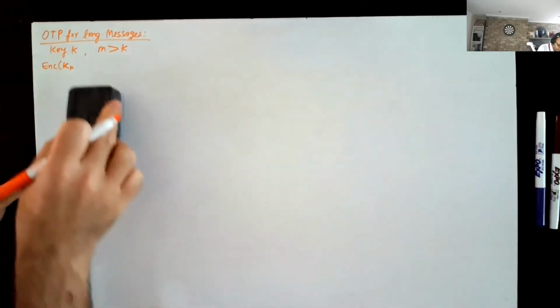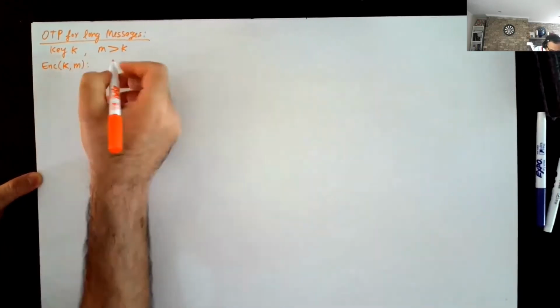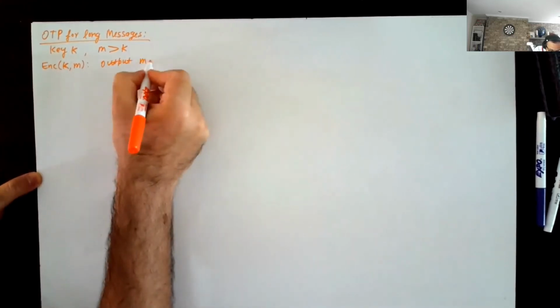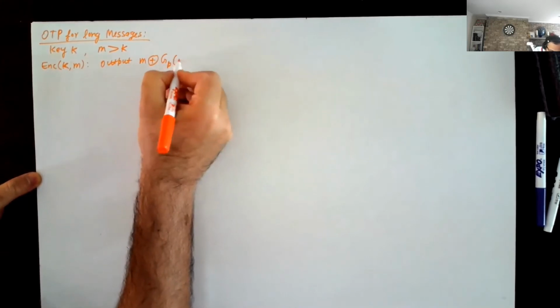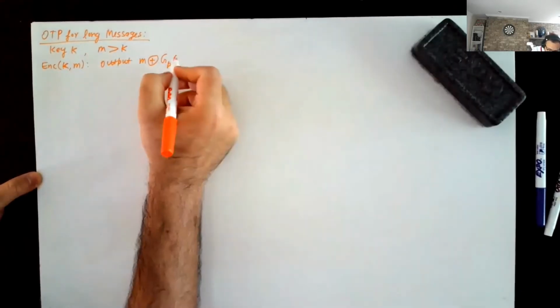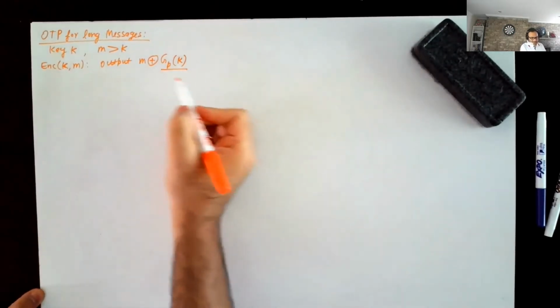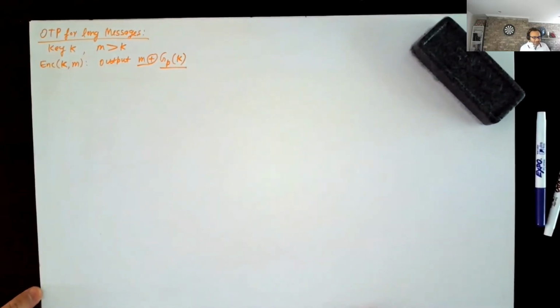Encryption will take K and the message, and the encryption will output M XOR G(K). Okay, so you apply a PRG such that the output length is equal to the length of the message, and then you are ready to encrypt the message using one-time pad.